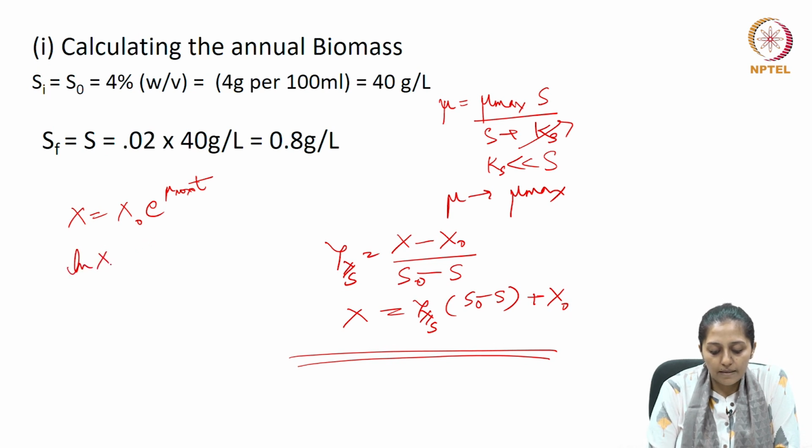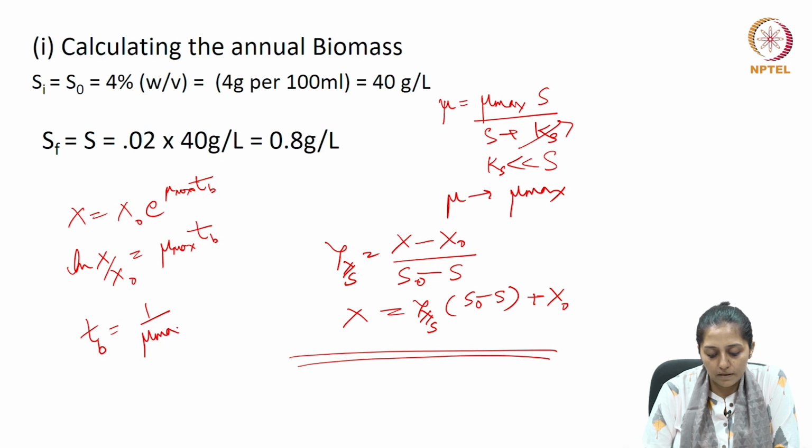So, ln x by x naught is equal to mu into t. Now, this mu here is nearly equal to mu max. So, now your batch time can be given as 1 by mu max multiplied by ln x by x naught, isn't it?